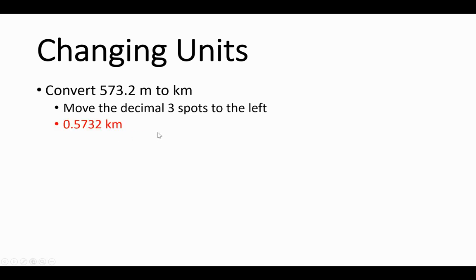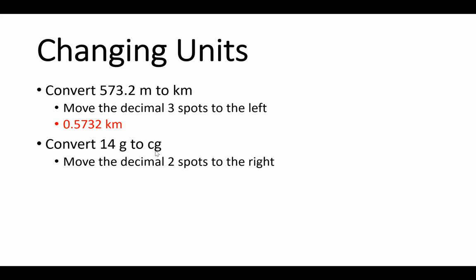Should be 0.5732 kilometers. Here, 14 grams to cg. Since grams is bigger than centigrams, we're moving big to small, we're going to move to the right. So 2 spots to the right, 1,400 centigrams.